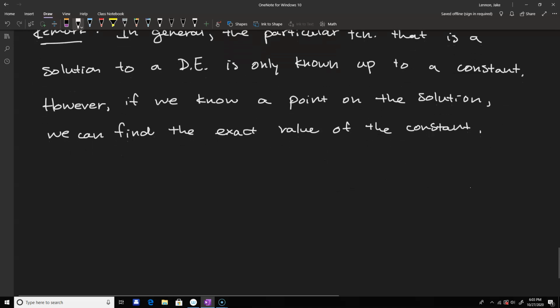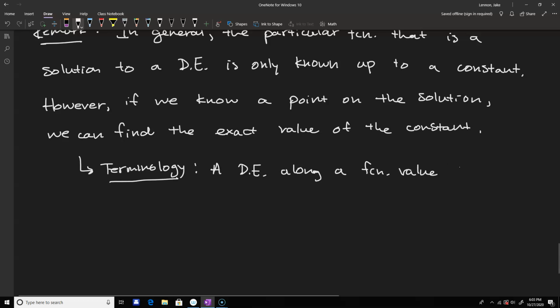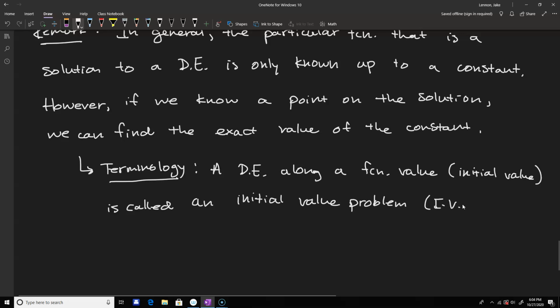So there's some terminology here. A DE along with a function value, which is sometimes called an initial value, is called an initial value problem, and this is often abbreviated IVP.